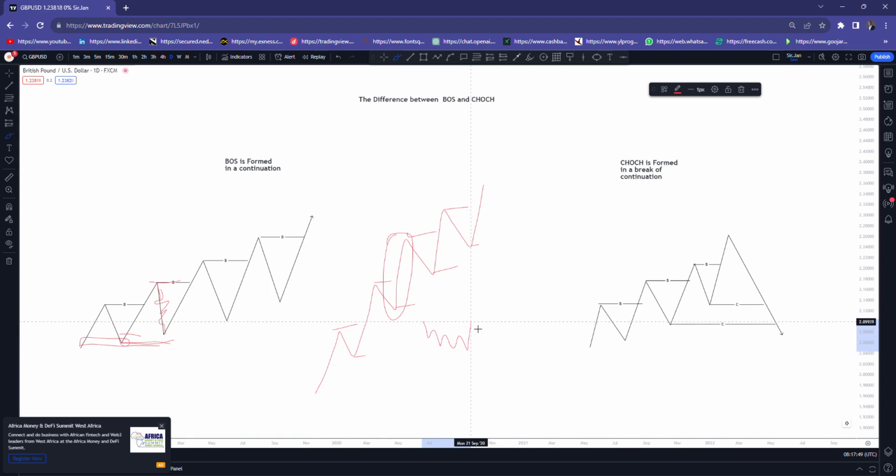Change of character, push to the downside, order block, break of structure, and change of character, order block, break of structure. This zone from here to here will be your 15 minutes. This will be your 4 hour.